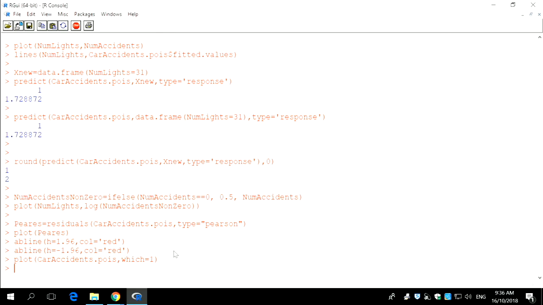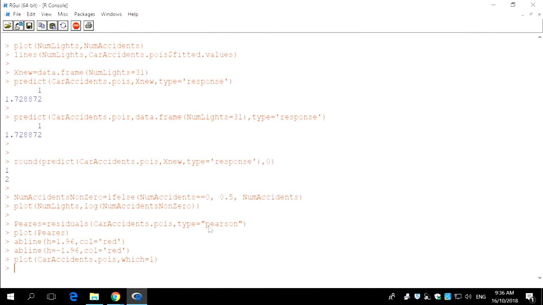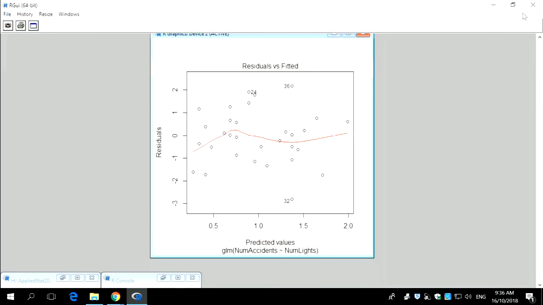So using Pearson residuals to identify the outliers is more straightforward. That's just my suggestion. But we can actually use this which function, which we haven't talked about, but you can use it. So that's the answer.